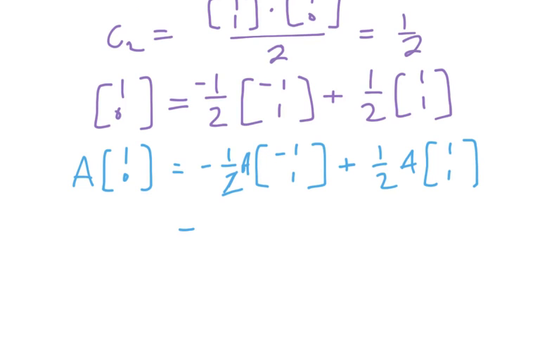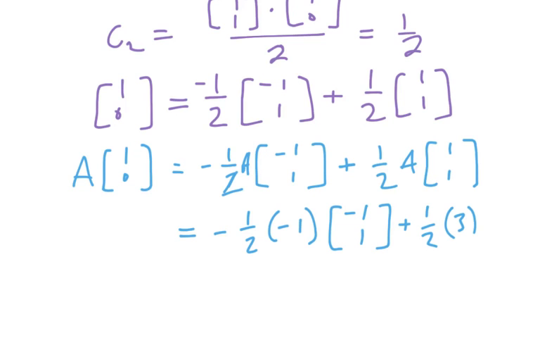And A of (-1, 1), well, this is lambda 1, which is negative 1, times (-1, 1), plus 1/2 times 3, which is lambda 2, times (1, 1).